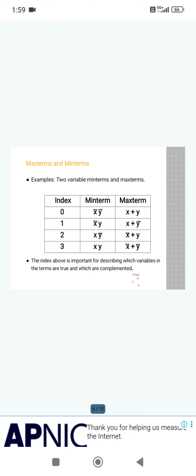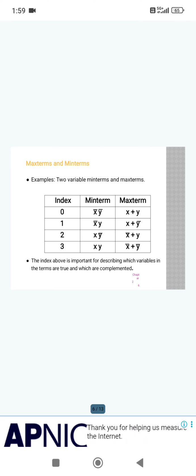As per the same, the maxterm is x plus y. In the minterm we are considering the bar, while in the maxterm we are considering the normal term. So in the minterm 0 is represented as x bar, and in the maxterm 0 is represented as x.